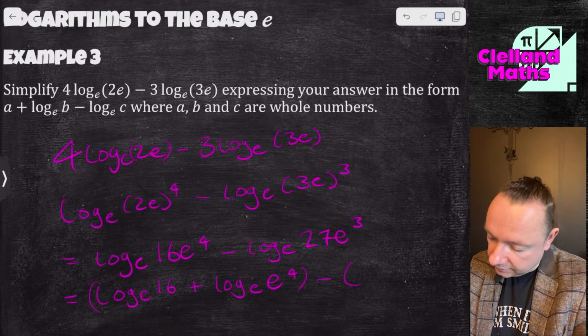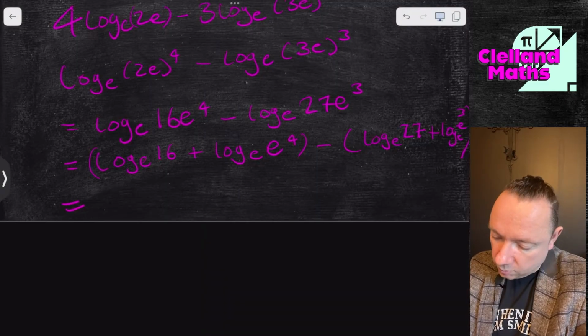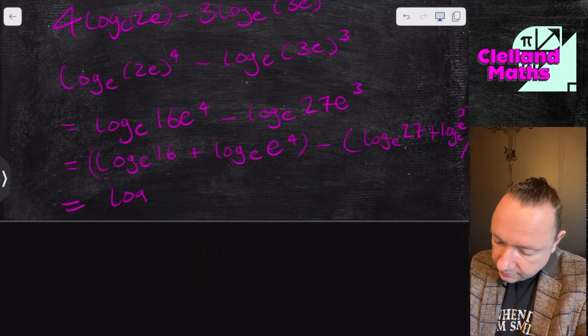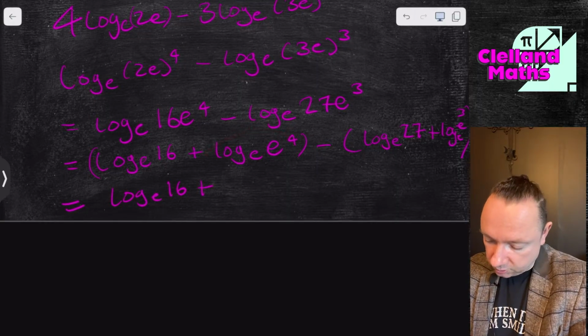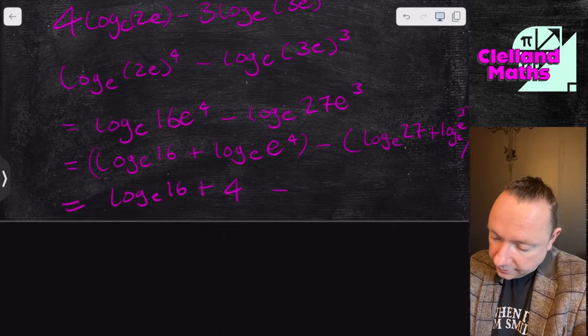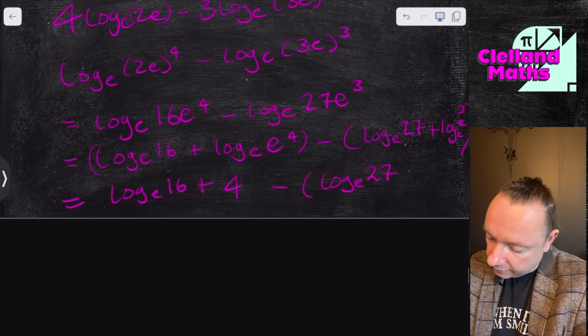So I've got log base e of 27 plus log base e of e cubed. So that equals log base e of 16 plus, just think of the 4 coming down to the front, 4 log base e of e, well that's just 4, minus log base e of 27, and again, log base e of e with a power of 3 means the 3 can jump to the front, so it's just plus 3.